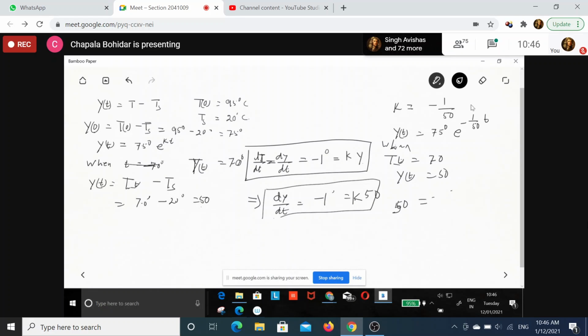50 is equal to 75 degrees e to the power minus 1 by 50 t.